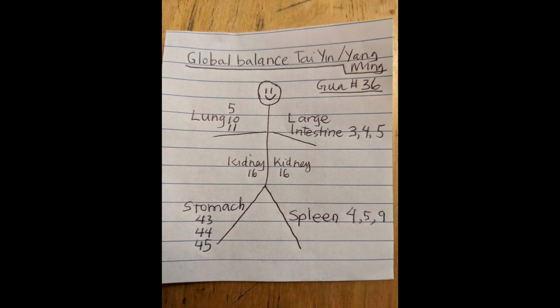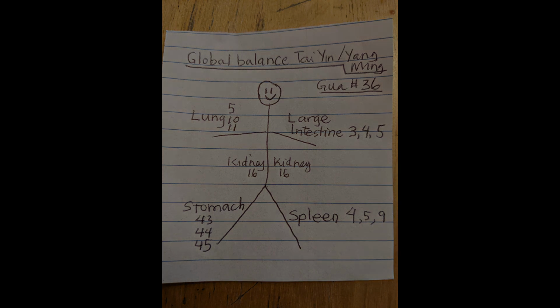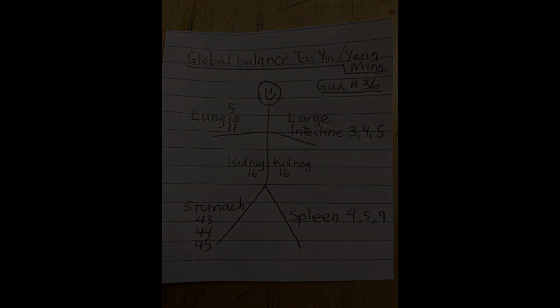Okay, and so with these 4 channels, I then use appropriate points to quell the inflammation of these 4 systems. The way I do that is I use Gua number 36, which is water over fire. So using water to put out fire, right?